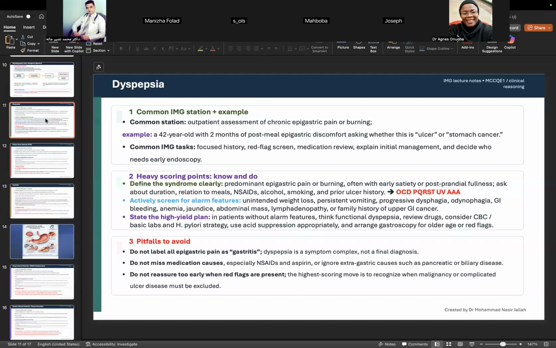Pitfalls. So these are the things that you should be avoiding, okay? Do not label all epigastric pain as gastritis. Dyspepsia is a symptoms complex, not a final diagnosis.